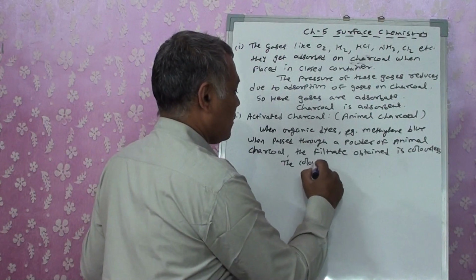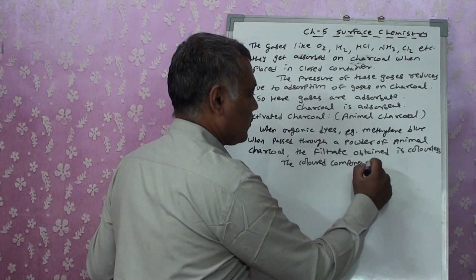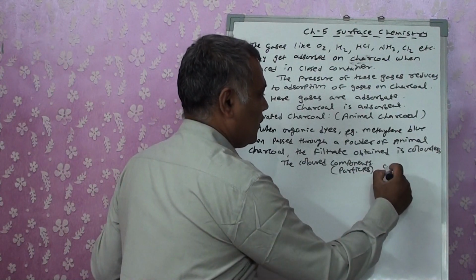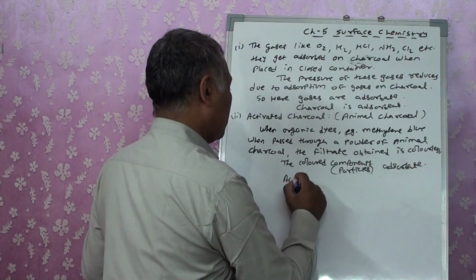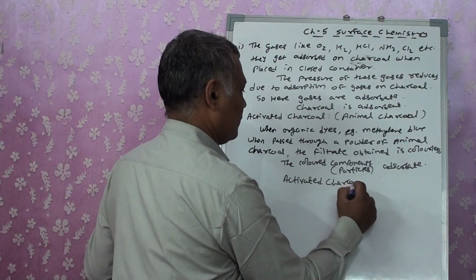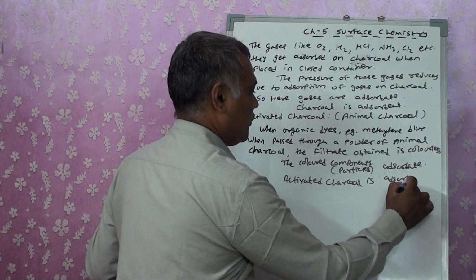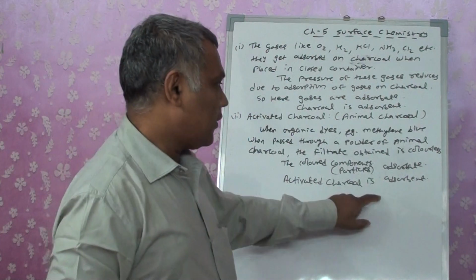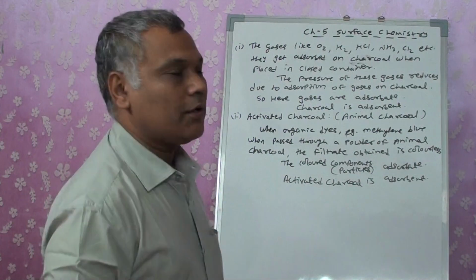So here the colored components or particles are the adsorbate. Your activated charcoal is the adsorbent, and the process of adsorption is carried out, because of which the colored liquid is becoming colorless, right?